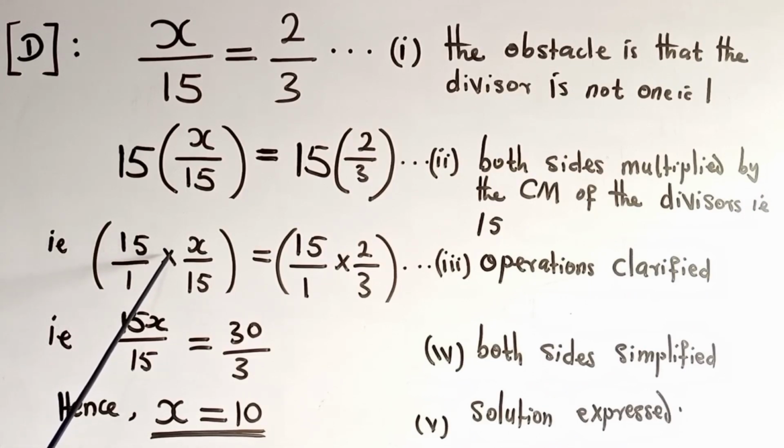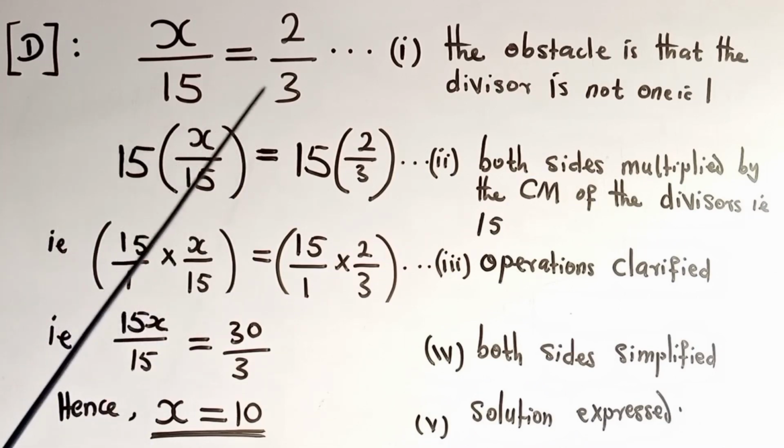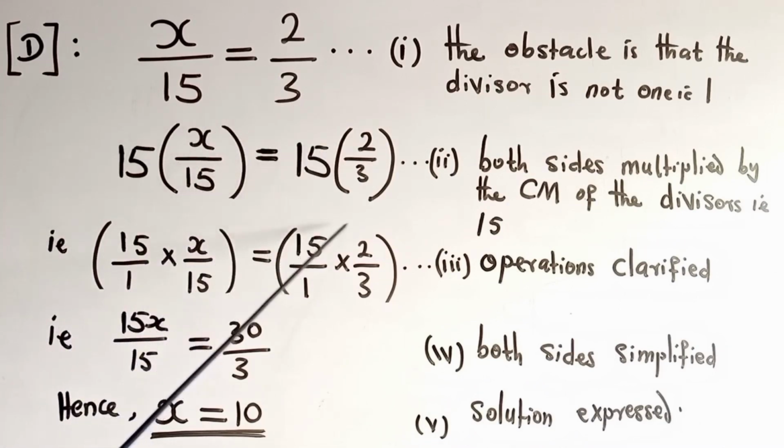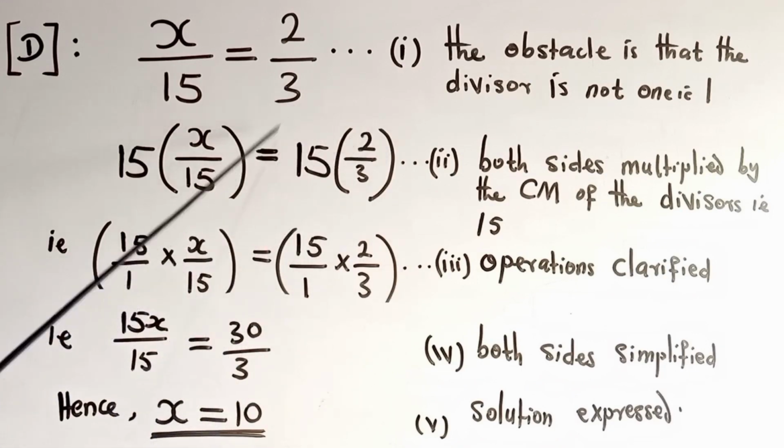Now it is shown here for clarification. So this is 15 over 1. Then times is here. See the times here. Then x over 15. See it in this place. So this is what this whole thing here means. And at the same time, this is what the whole of this thing means. Therefore, we now apply the principles of multiplying fractions in simplifying each of the sides of this equation.